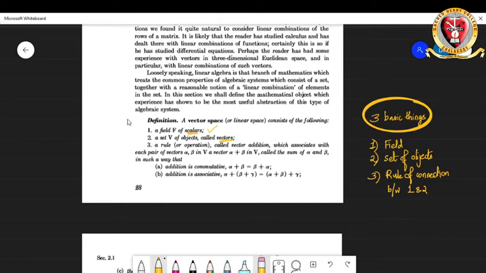So what is the rule? We are going to talk about the rule now. The rule we talk about first is vector addition.